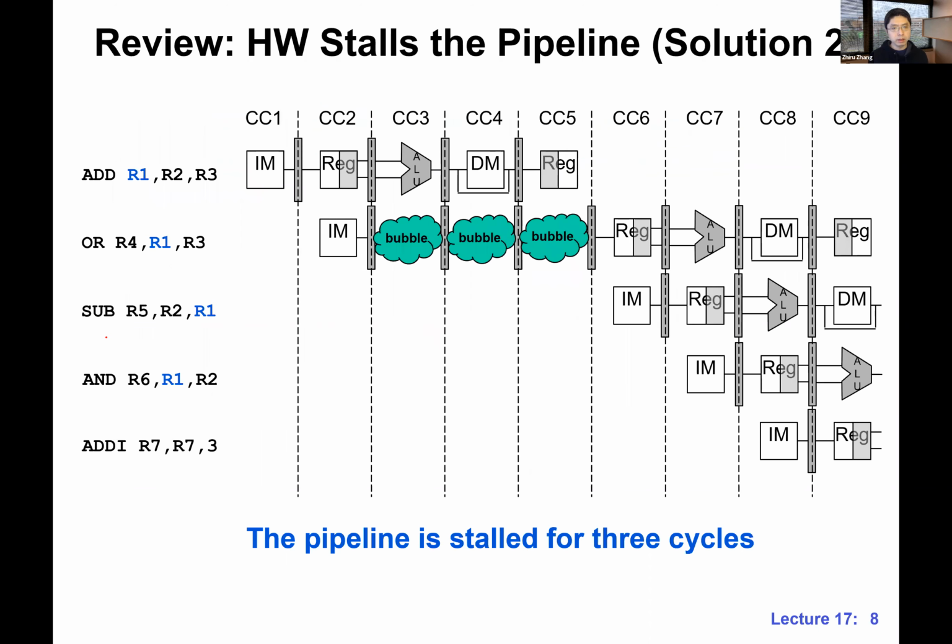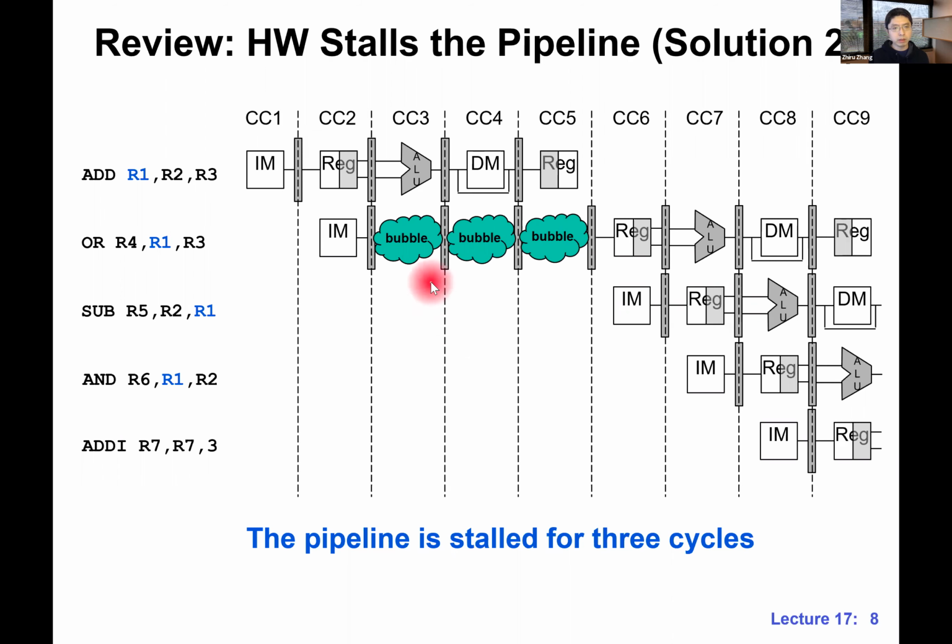In another scenario, we don't have to count on the compiler. We can also try to make the hardware more aware of this data hazard. In the next lecture, next Thursday, we're going to be talking about how we can detect this kind of hazard on the fly in the pipeline. So let's say we already have that kind of detection mechanism in our hardware.